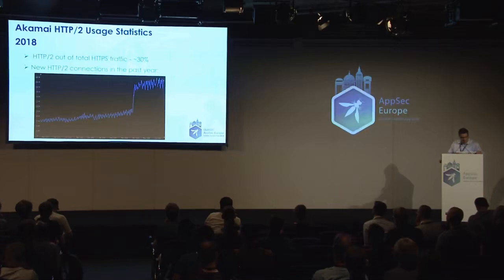I've brought this graph which shows the daily new HTTP2 connections, and you see this ramp up when a couple of our big customers decided to go to H2. Today we are seeing about 120 million new HTTP2 connections on a daily basis.